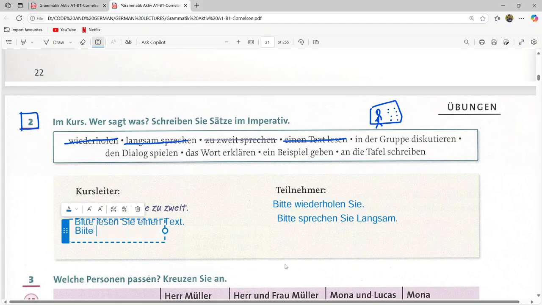Bitte, now the verb diskutieren Sie in der Gruppe. So this Sie here is a formal Sie and also represents more than one person.